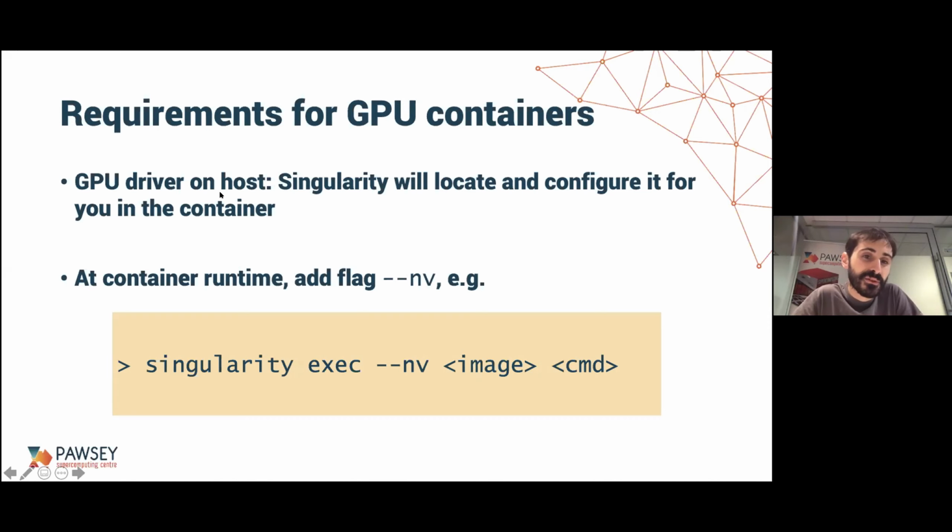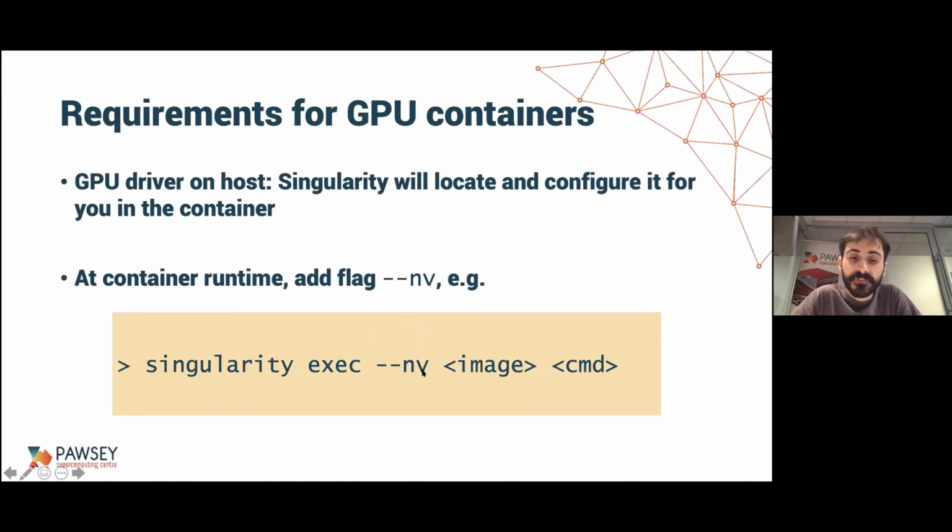Once you have the GPU driver, Singularity will be able to locate it and use it for running the GPU application. And how do you tell Singularity to look for the GPU drivers and configure them? Well, all you have to do is, when you execute the application, add the --nv flag, which stands for NVIDIA. So that's for NVIDIA GPUs.